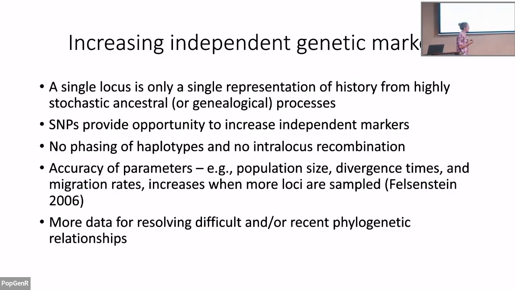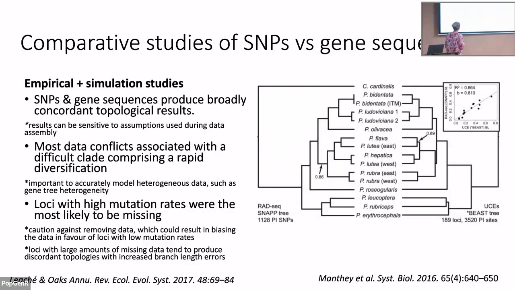But we do have to be aware of some of the challenges as well, because sometimes more data is not necessarily that much clearer unless we understand why certain data is different. So we've come in phylogenetics from looking at nuclear sequence data and mitochondrial sequence data to moving towards this sort of SNP revolution, and there's been some neat comparative studies.